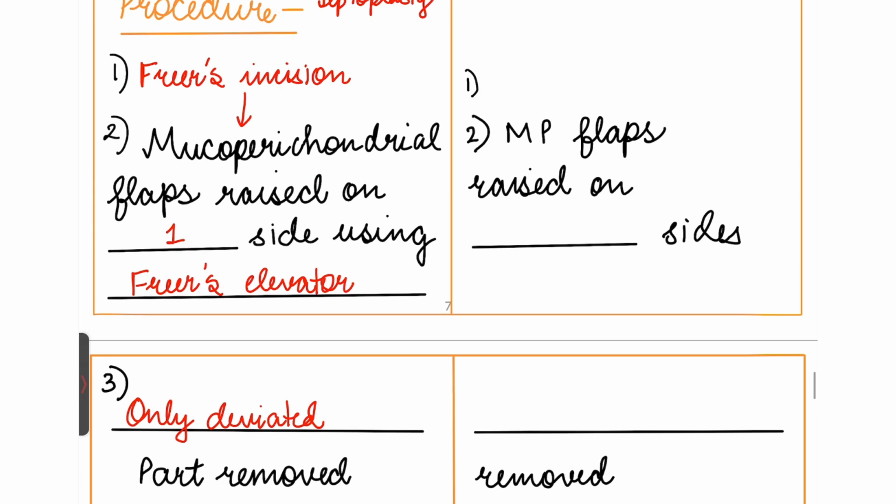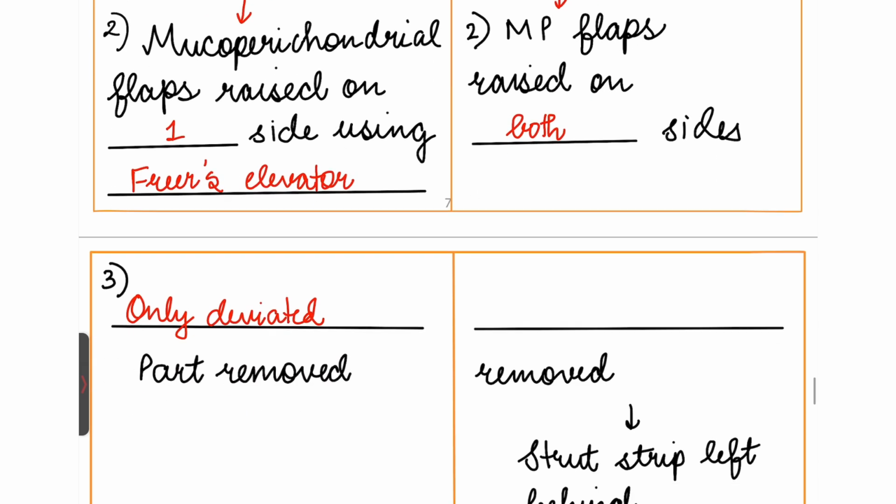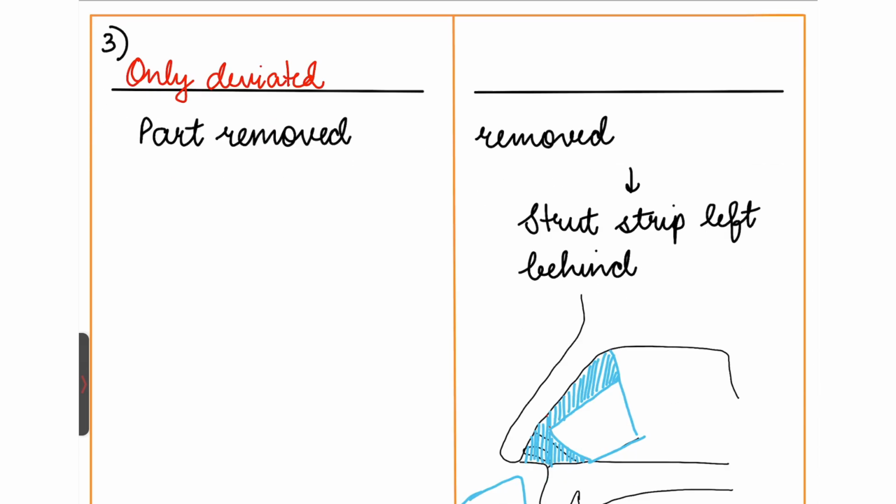Let's compare it with SMR. In SMR, the incision was Killian's incision. After that, the mucoperichondrial flaps will be raised on both the sides here. After that, most of the cartilage will be removed.